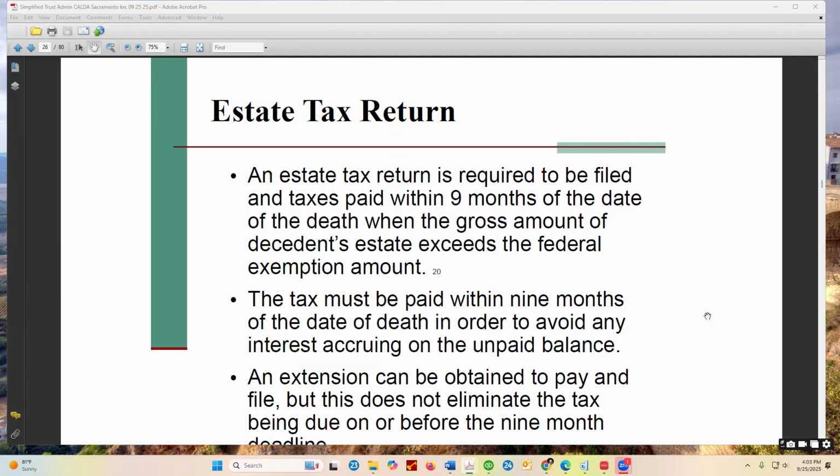When you say just the state tax return, you might be referring to the income tax return, and this is entirely different. Now the level of assets needs to be above 15 million before you have to file an estate or inheritance tax return.